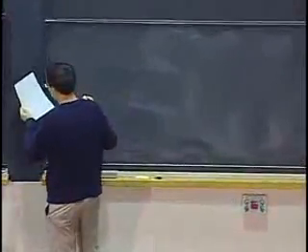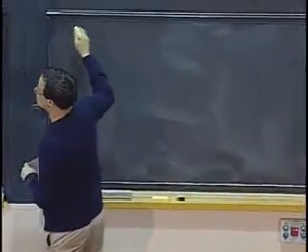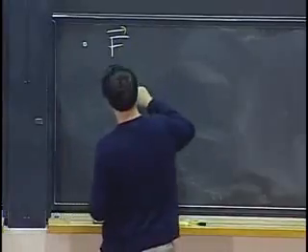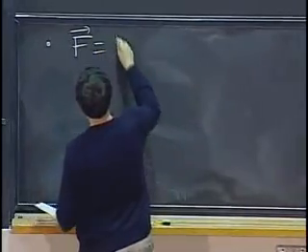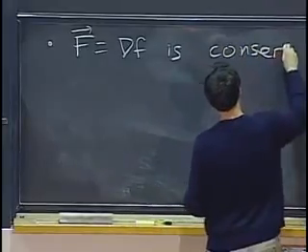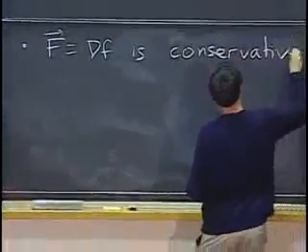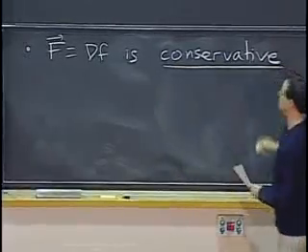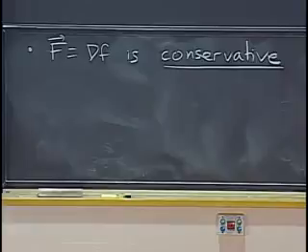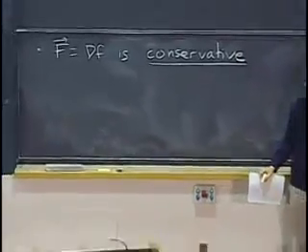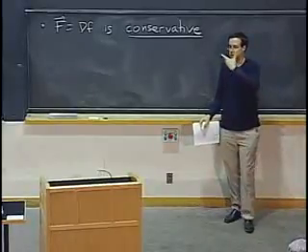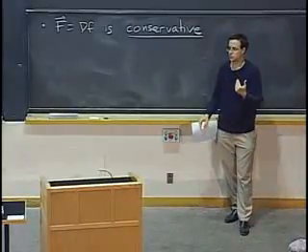Okay, so what's another consequence? If you have a gradient field, it's what's called conservative. So what's a conservative field? The word conservative comes from the idea in physics of conservation of energy. It tells you that you cannot get energy for free out of your force field.